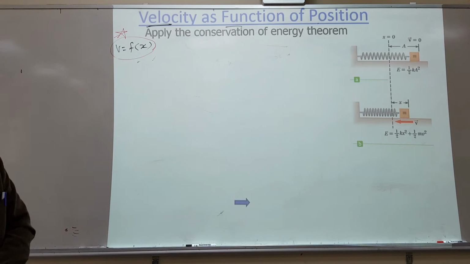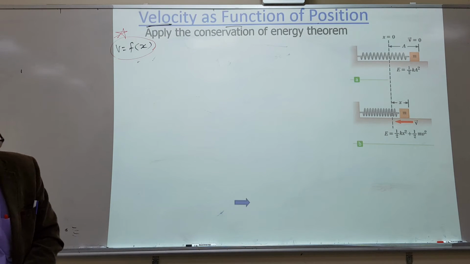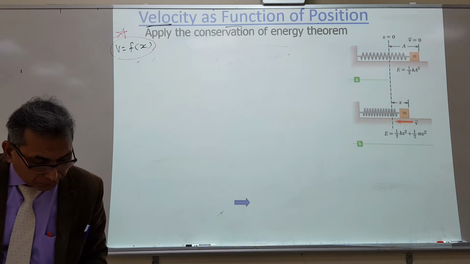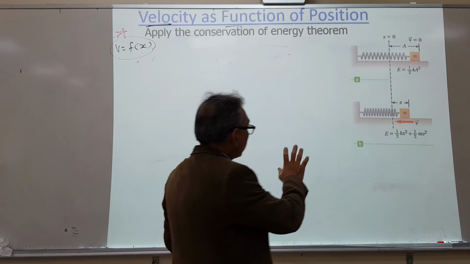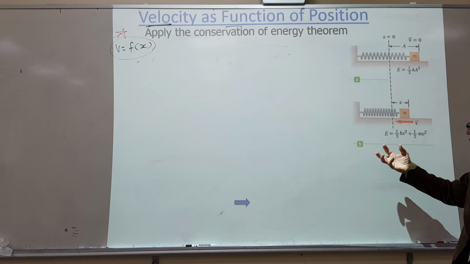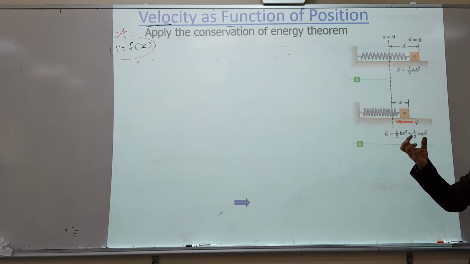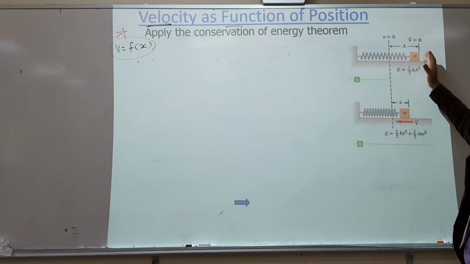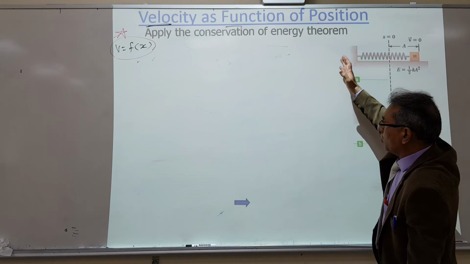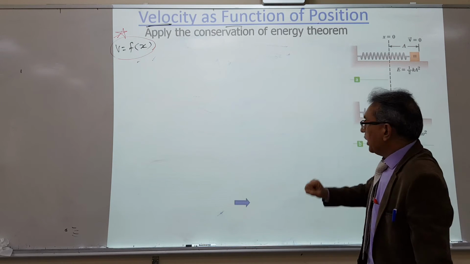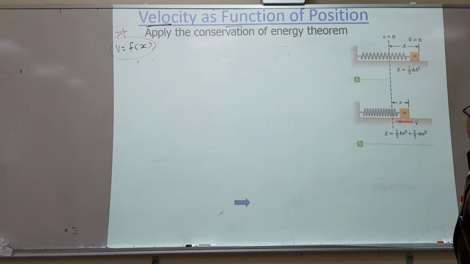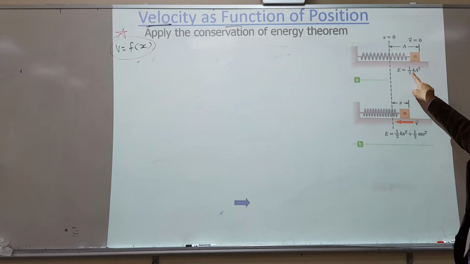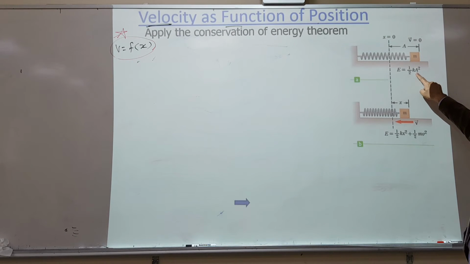You see, we have already discussed how we calculate the total energy at different points: one on the rightmost, one on the leftmost, one in the middle. As you know, on the rightmost you have total energy simply equal to the maximum potential energy, half Ka square, elastic potential energy.